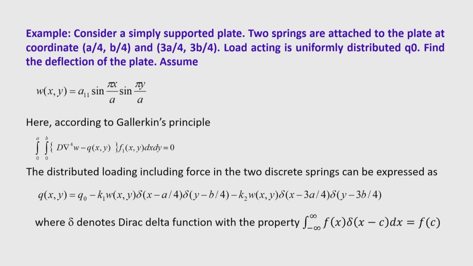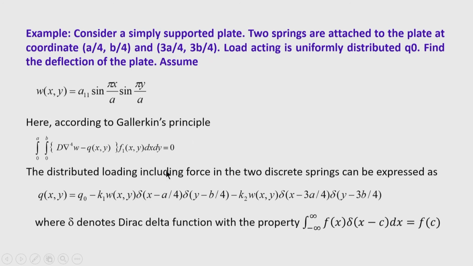Now, a spring offers an upward reaction to the downward deflection of the plate, and that reactive force of the spring is given by the stiffness of the spring multiplied by the deflection. Say the first spring, attached at the point a by 4, b by 4, has a spring constant k 1, and the second spring, attached at the point 3 a by 4 comma 3 b by 4, has a spring constant k 2.